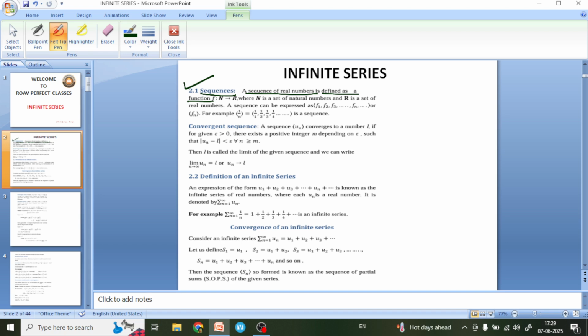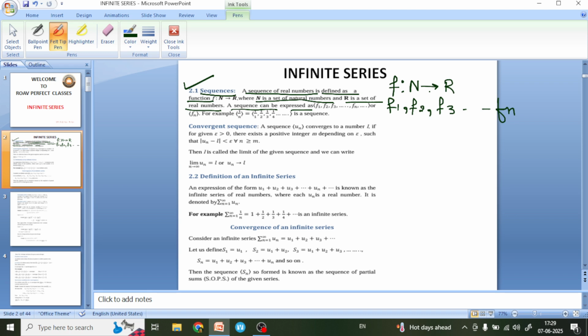It is represented like this: f colon N to R, where N is the set of natural numbers and R is the set of real numbers. A sequence can be expressed as f1, f2, f3 up to fn.